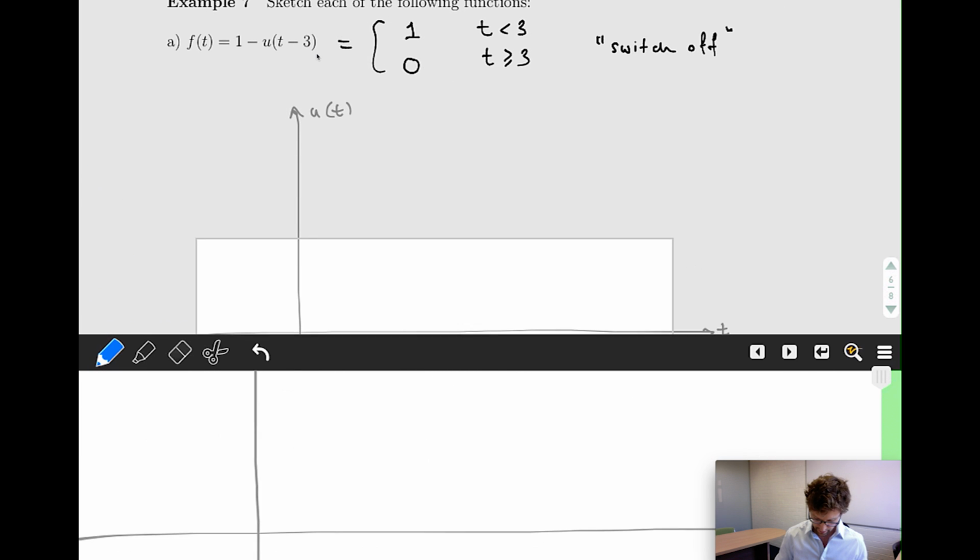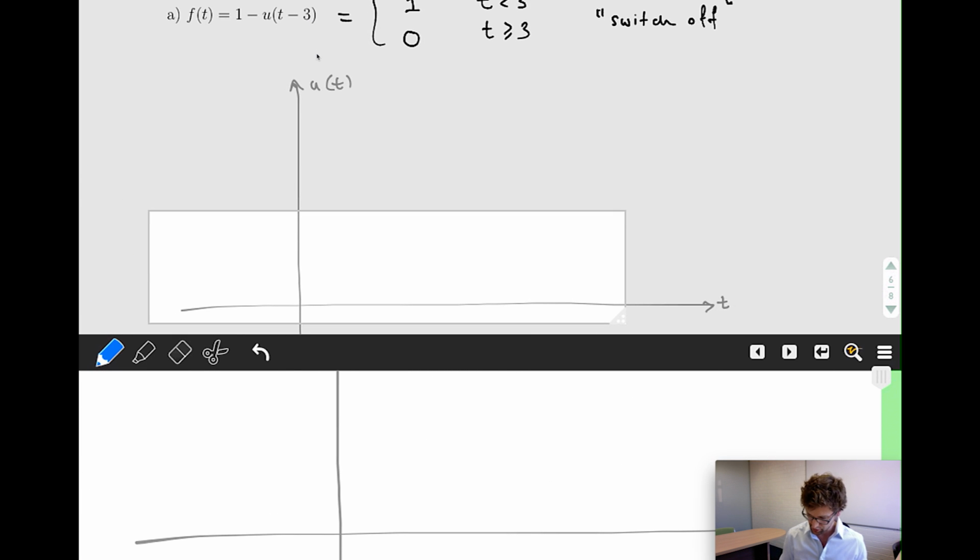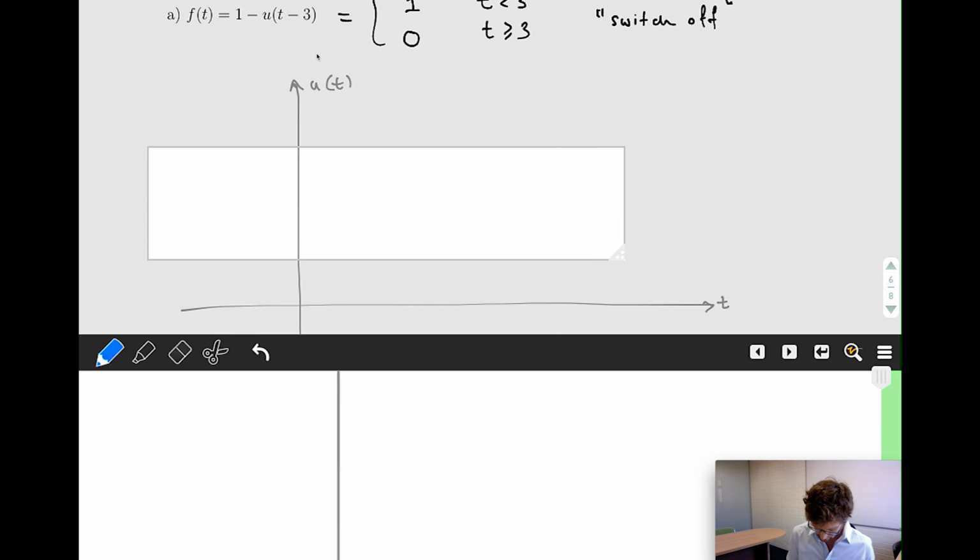So let's sketch this. We can see that this is going to be equal to 1 for values of t less than 3. And notice that I'm not really going to bother with negative values of t, because now we're really talking about Laplace transforms of functions for t greater than 0. So this is the value 1.